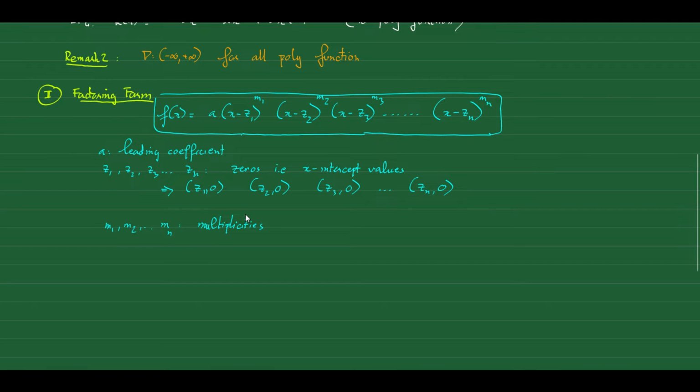The multiplicity must be a positive integer, and it could be even or odd. If it's even, then the graph of this polynomial function will be touching the x-axis, and if it is odd, then the graph will be crossing the x-axis.